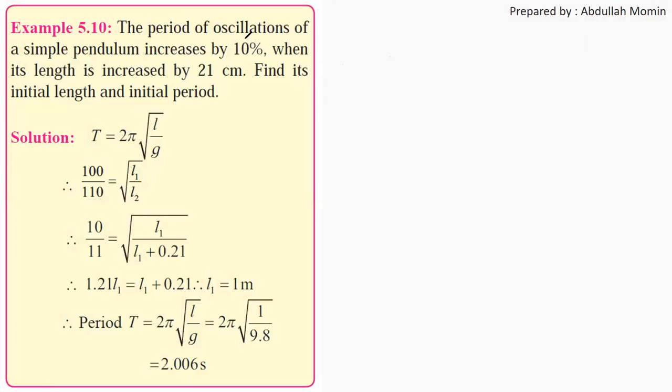The period of oscillation of a simple pendulum increases by 10% when its length is increased by 21 centimeter. Find its initial length and initial time period. Consider L1 as the initial length of the simple pendulum. When this length is increased, the final length will be L1 plus 21 centimeter, or we can write L1 plus 0.21 meter.